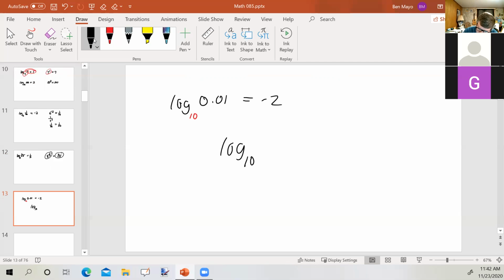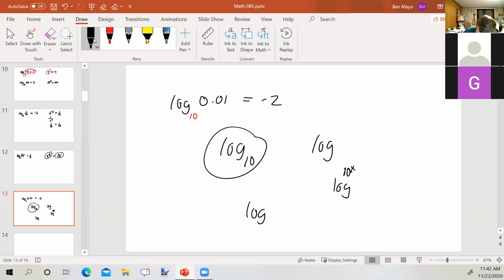They decided that if it's log base 10, they were just going to write log, and they refer to it as common log. If you have a calculator present, look at your left column, and if you don't, you can look at it later. There is a button that says log, and the second function of that button is 10 to the x. So there's a reminder right there that log is equal to log base 10. So just log is a shortcut of writing log base 10.